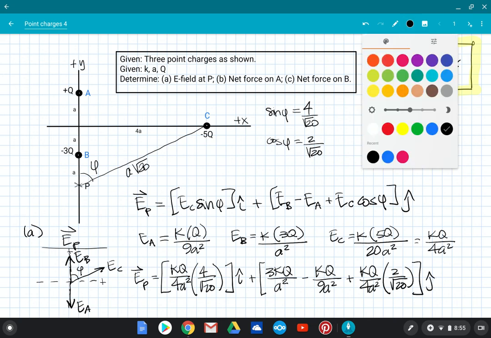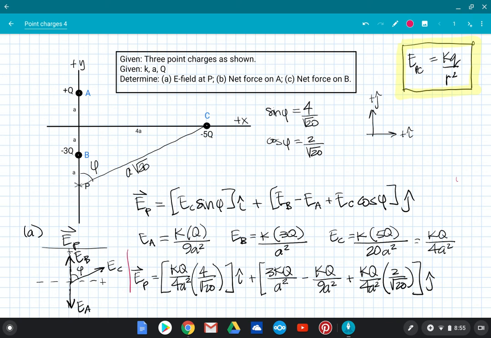So this is my final expression. Notice that it's in unit vector notation.